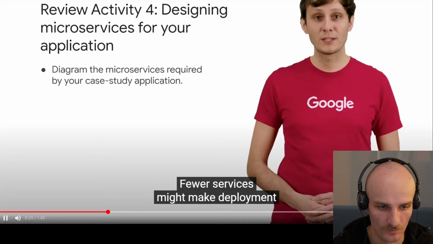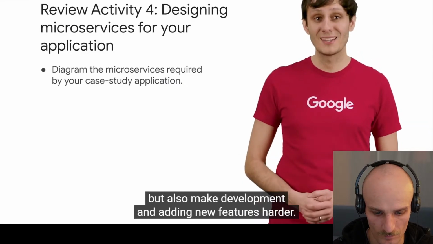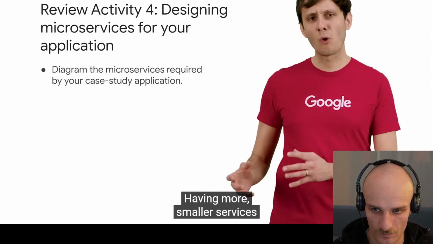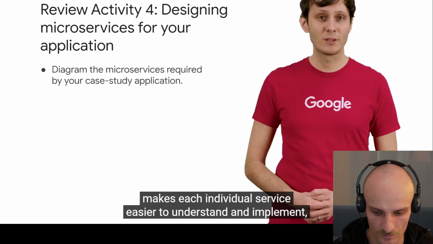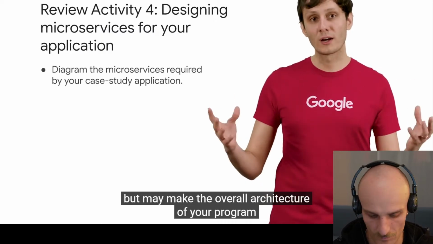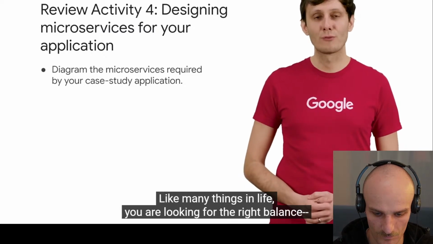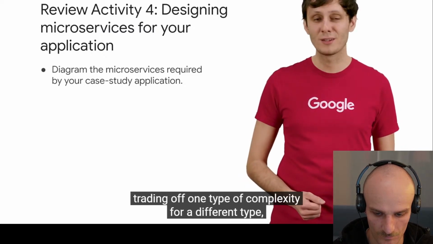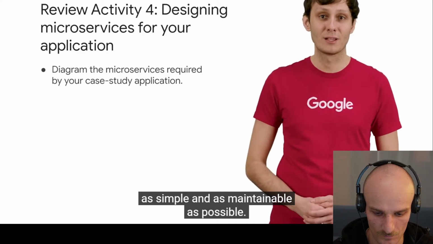Fewer services might make deployment and communication between services easier, but also make development and adding new features harder. Having more smaller services makes each individual service easier to understand and implement, but may make the overall architecture of your program more complicated. Like many things in life, you are looking for the right balance, trading off one type of complexity for a different type, hoping to make the system overall as simple and as maintainable as possible.